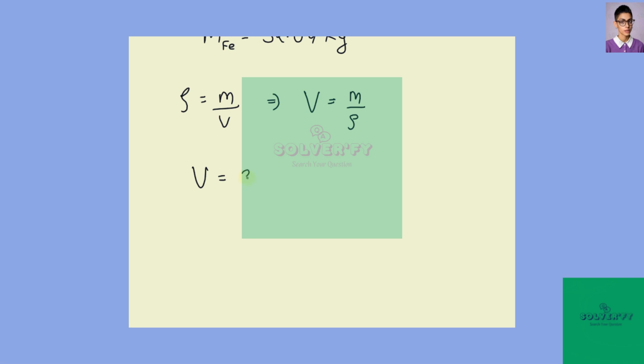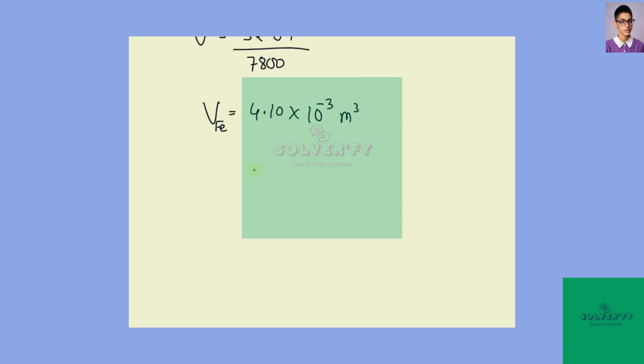So mass is 32.04 divided by the density of ferrous, which is 7800 kg per meter cube. So the volume of ferrous, Fe, will turn out to be 4.10 into 10 raised to minus 3 meter cubed.